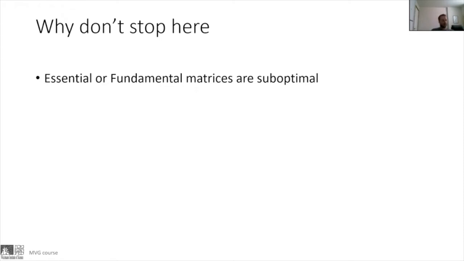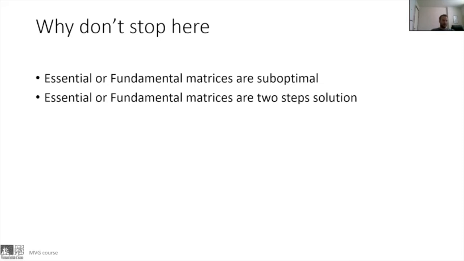They give a good initial guess, but usually it's not enough to get an accurate reconstruction. The second reason is that the essential or the fundamental matrices are two-step solutions, which means that you get the camera matrices, then you triangulate the points. So you first solve the camera parameters and then the structure. So maybe if we could solve them together, we would be able to achieve a better solution.